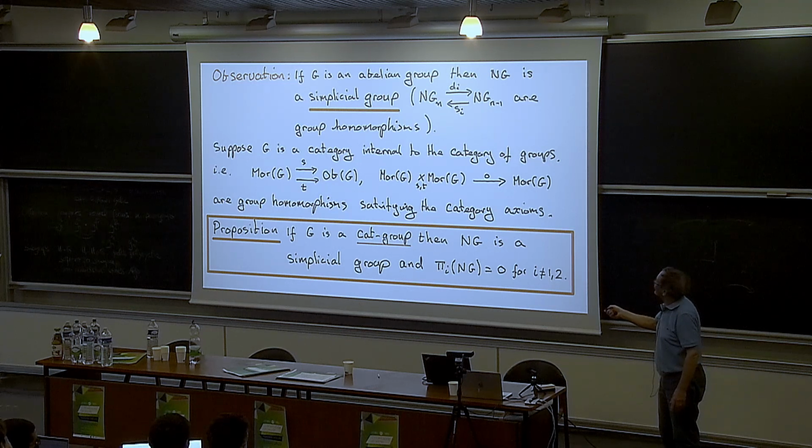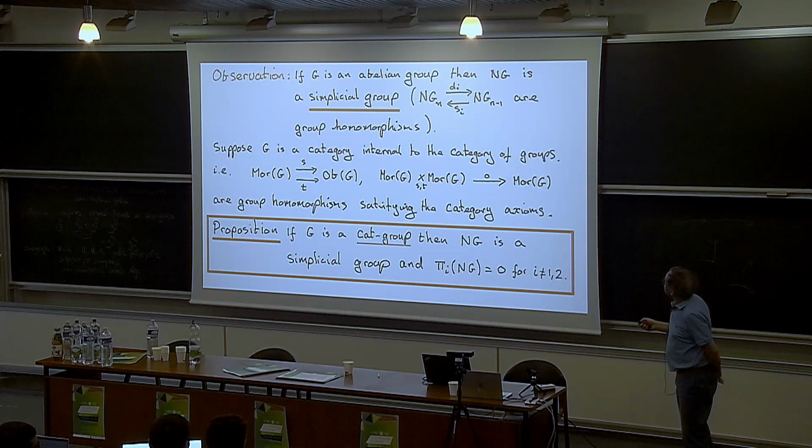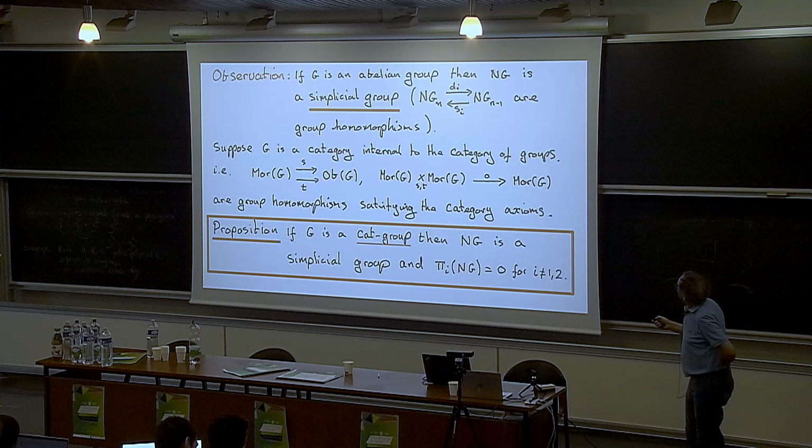What do I mean by a cat group? I mean a group which I'm going to call morphisms of G, and a group which I'm going to call objects of G. And I also insist that I have two group homomorphisms which I'm going to call S and T. These group homomorphisms have to satisfy the condition that I can construct this pullback, and I'm requiring that G is a category.